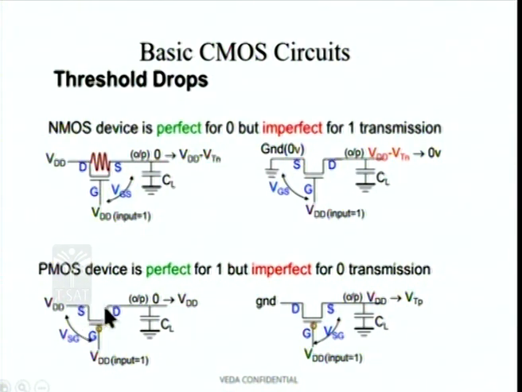Therefore, current flows from source to drain, and because this is always in conduction... I already told you there is an error over here. I have picked it up from some other place. There was a cut and paste error over here, and because it's a copied picture, I am not able to edit this. Therefore, I am telling you orally that this must be a logic 0 for this to conduct. When this is conducting, the output rises completely to VDD because this device is always in conduction.